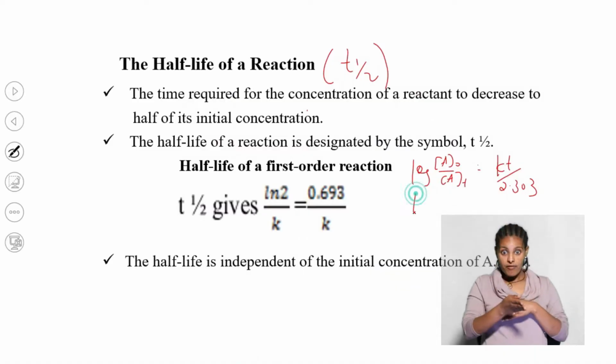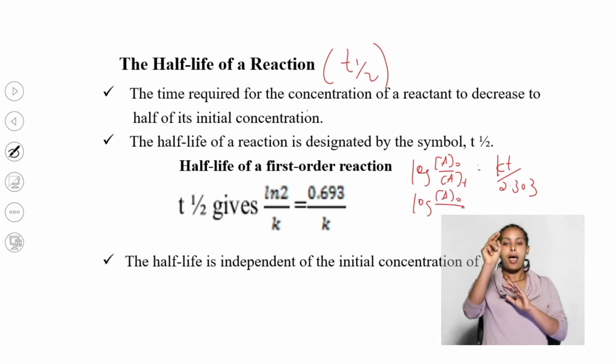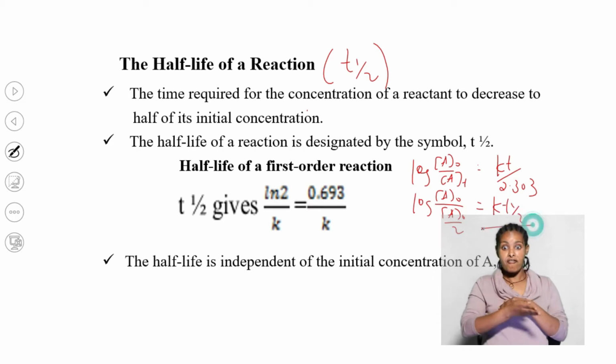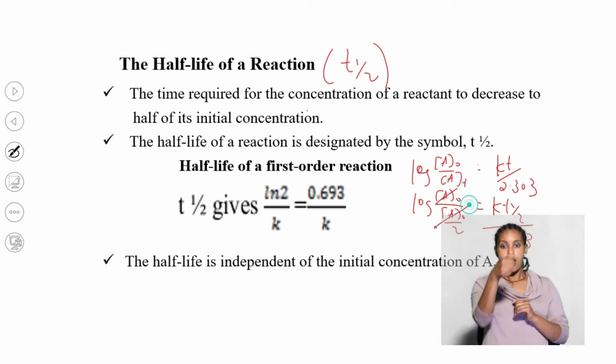Therefore, log of A naught divided by A naught over 2 equals K times t half divided by 2.303. Now A naught cancels out.